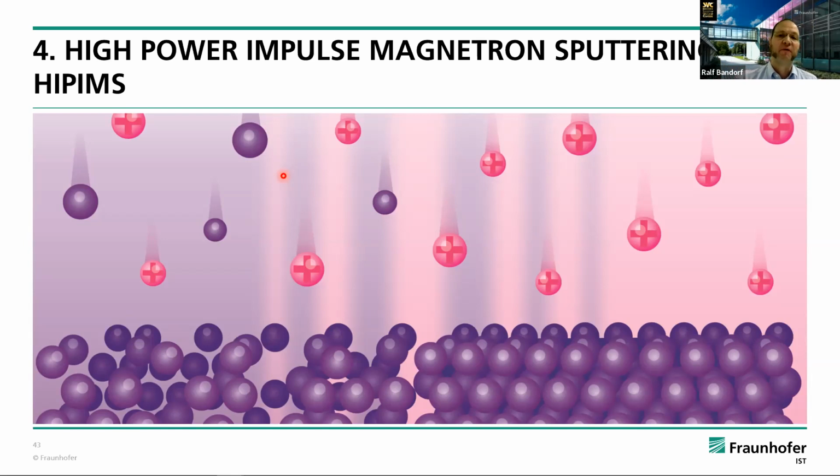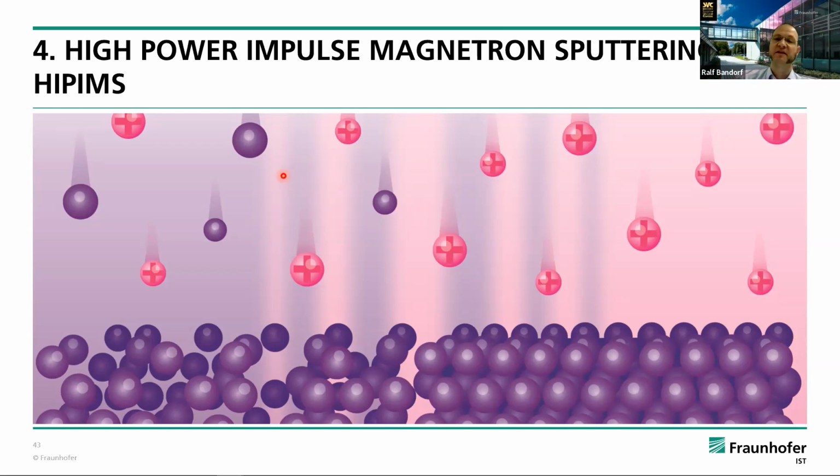And if you want to go further, then you can go to HIPIMS. That means you have a DC-like discharge or pulse discharge, and you squeeze the whole discharge, with the same average power, into a very short period of time of a pulse. By that, the power delivered to the cathode in the pulse will have a few orders of magnitude higher power or current than in the continuous DC case.